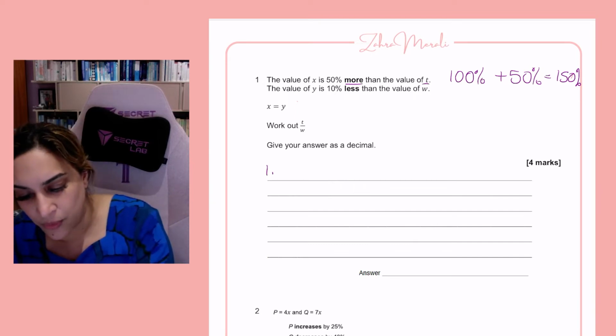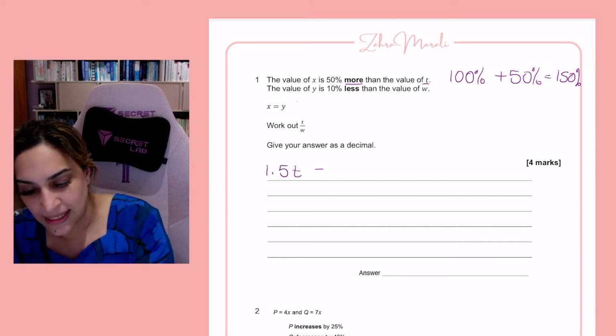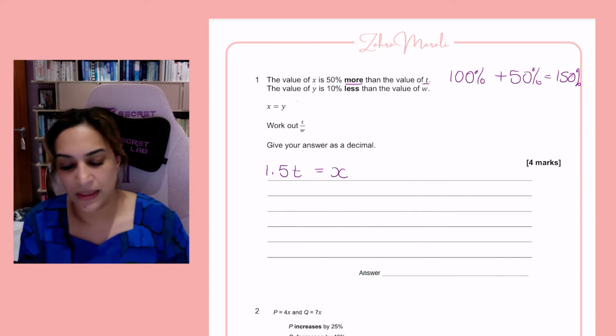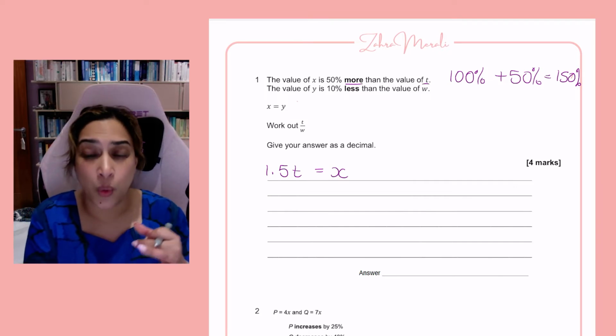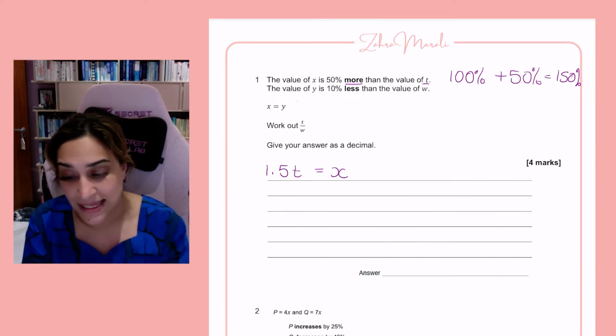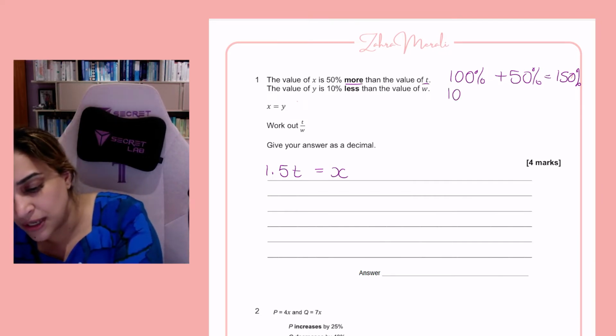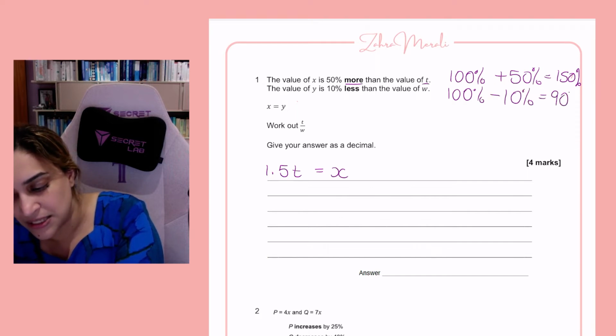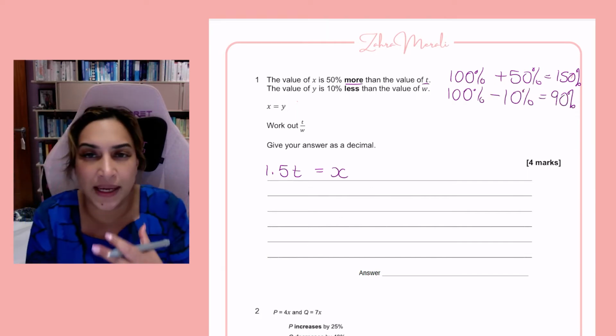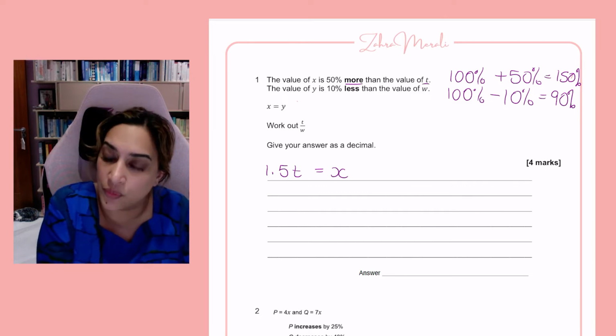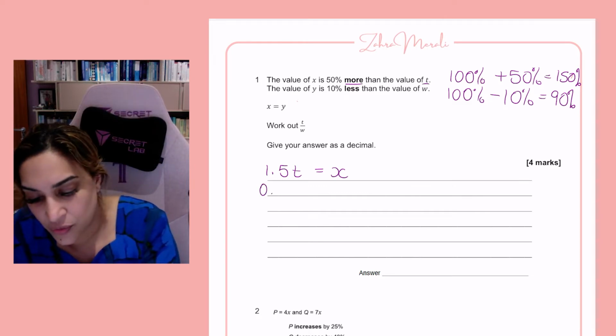So I know that 1.5 lots of t equals x. Now the value of y is 10% less. So I've got my original 100%, I'm minusing 10% to give me 90%. When I divide that by 100, I get 0.9. So I know 0.9 of w is y.